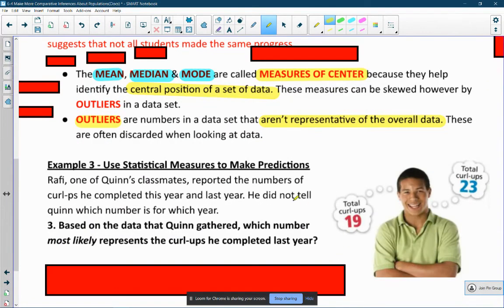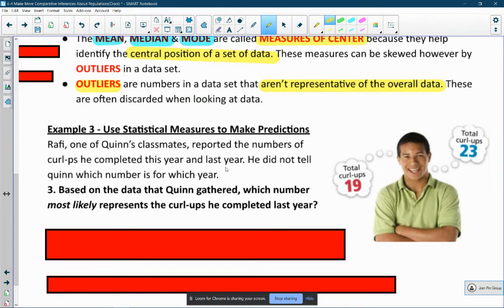So, last example, example 3. Use statistical measures to make predictions. So how can we use data to make predictions? It says Rafi, one of Quinn's classmates, reported the numbers of curl-ups he completed this year and last year. He did not tell Quinn which number is for each year. One number was 19 curl-ups, the other number was 23.